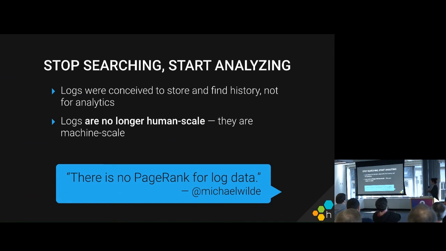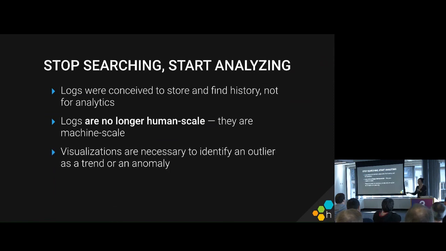Search makes sense for web pages, but there is no page rank for log data, and our search terms are necessarily evolving. And visualizations are becoming more necessary to identify those outliers, figure out whether it's a trend, an anomaly, how worried we should be. Because having machines help us make sense of that data means visualizing, means helping us use our eyeballs to pick out trends in a smart way rather than scrolling past log lines.